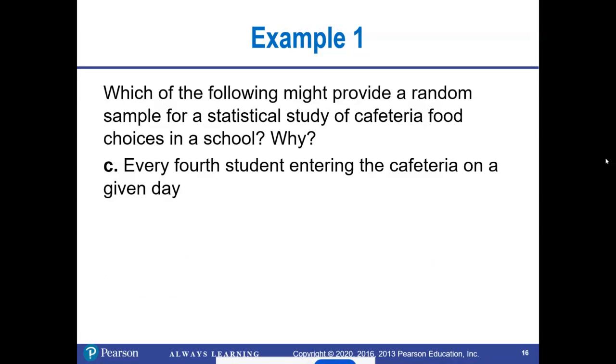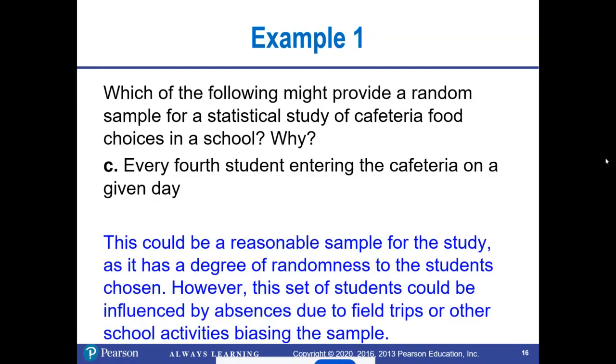Okay, what about this scenario? Every fourth student entering the cafeteria on a given day. Would that be a good random sample for a statistical study of cafeteria food choices? Okay, yeah, that one is reasonable. It has a degree of randomness because you're choosing every fourth student.